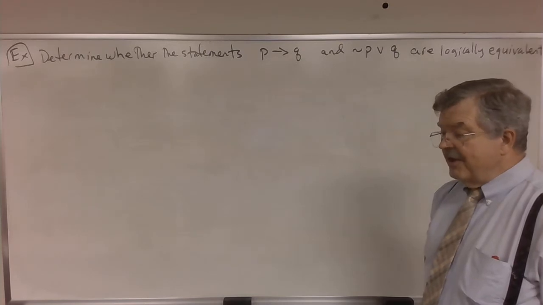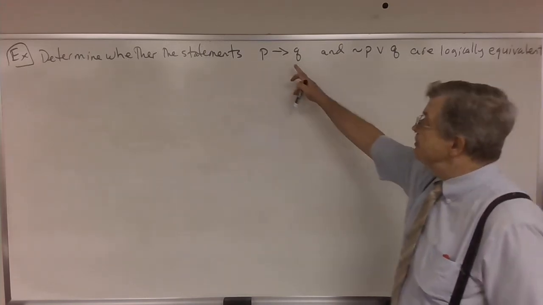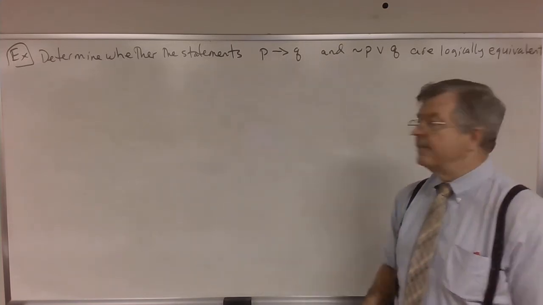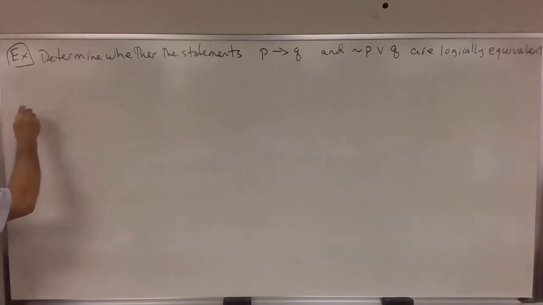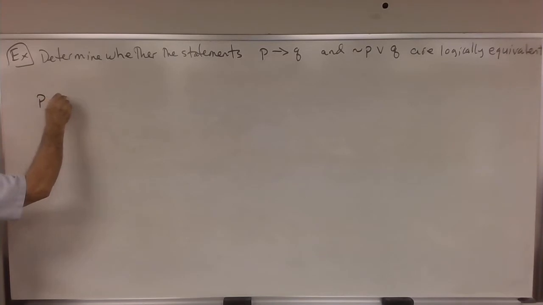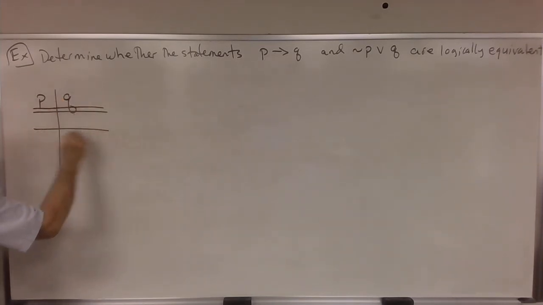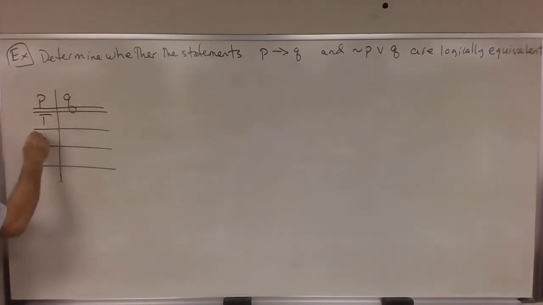And I think the only weapon that we have in our arsenal right now is just to do a truth table for each one and to see if the truth tables match up. So let's do that. P implies Q. Well, we know what that is, don't we? P, Q. See, for P, we go true, true, false, false.